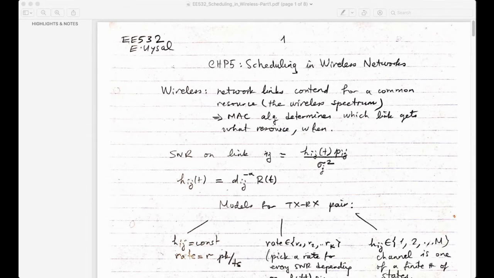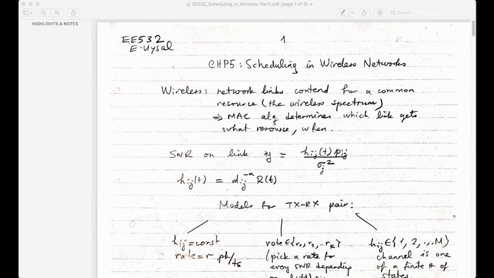Basically, the main difference of a wireless network from a wired network is that nodes tend to compete in an environment for a common resource, which is the wireless spectrum.